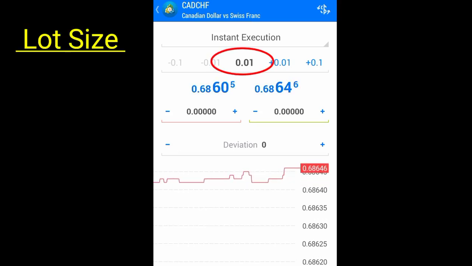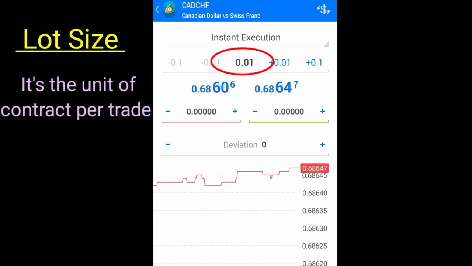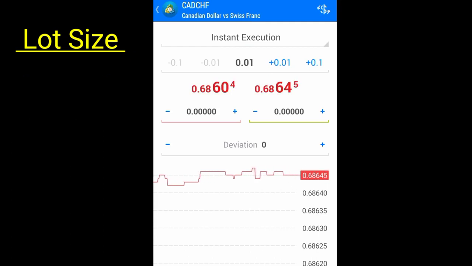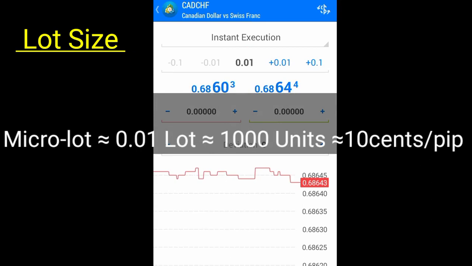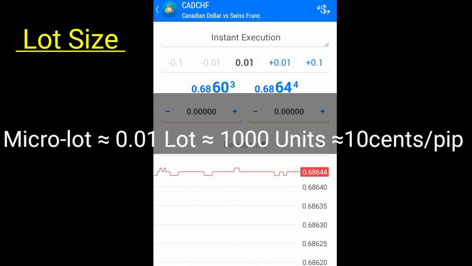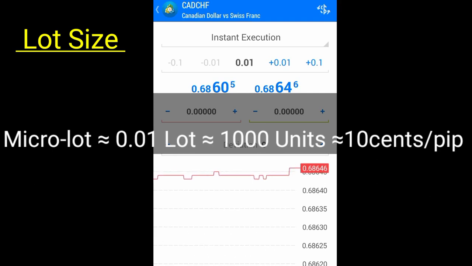So a lot size is just the units of contract that you want to place, and we have the smallest lot size, which is a micro lot size, is 0.01 lots, which is equivalent to about 1,000 units of contract. One pip move in this lot size is equivalent to 10 cents.